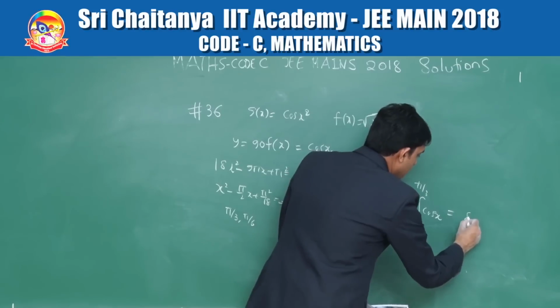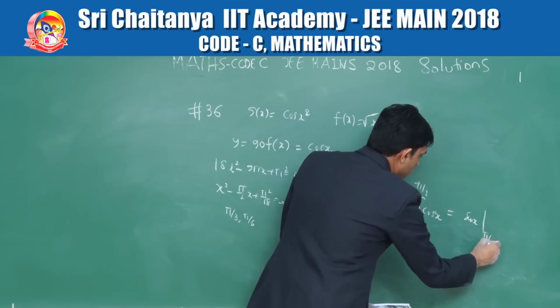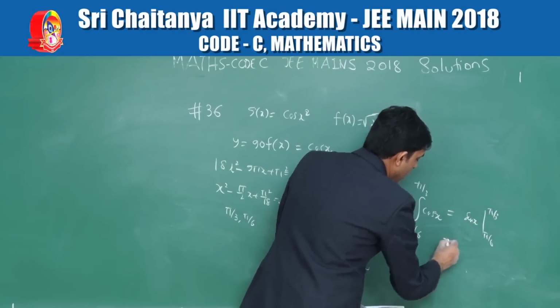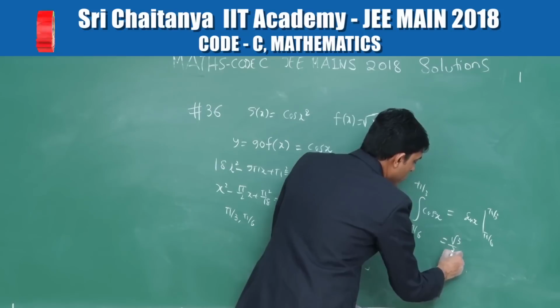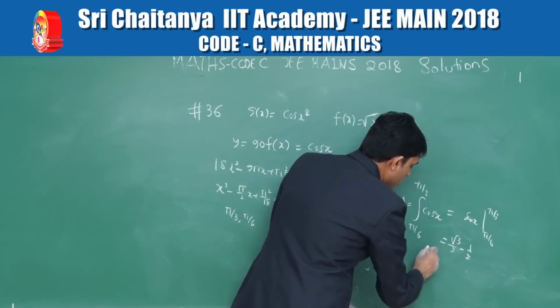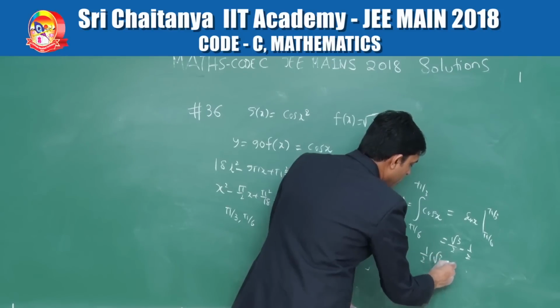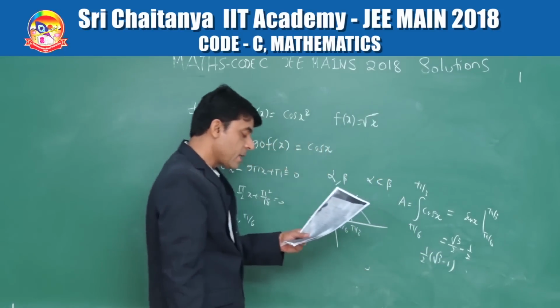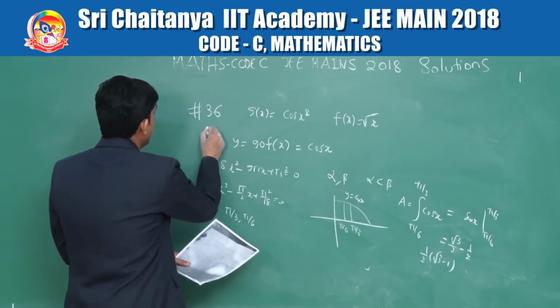That happens to be sine of x from pi over 6 to pi over 3, and that simplifies to root 3 over 2 minus 1 over 2, so that is 1 over 2 times root 3 minus 1. And so for 36, choice 4 is the correct choice.